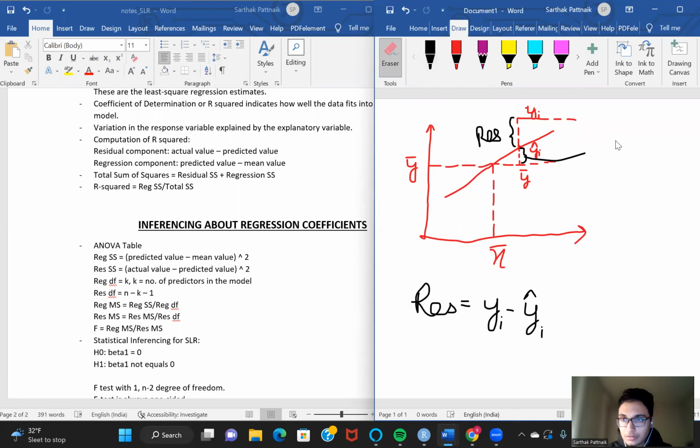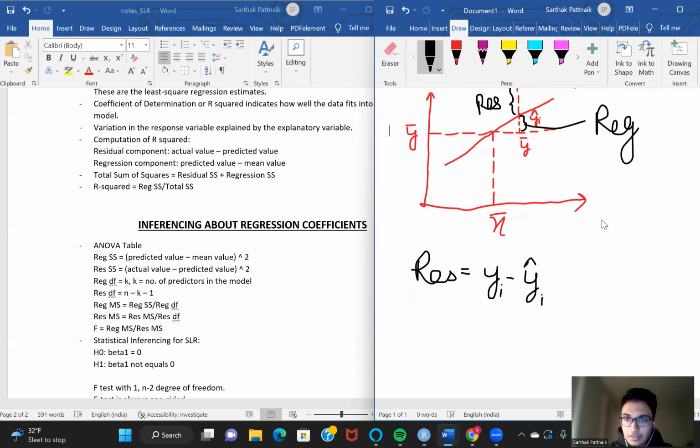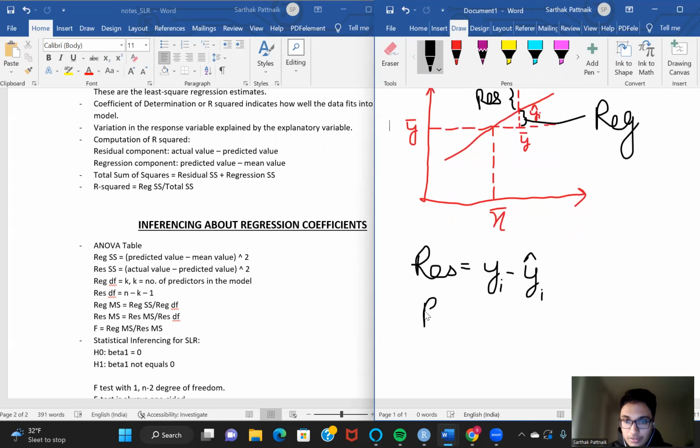So my regression component can be defined as y i cap minus y bar.